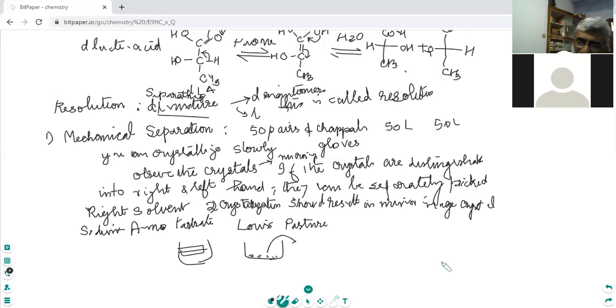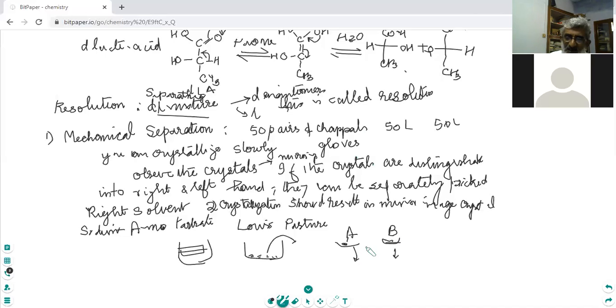And therefore, he took a forceps and started separating the mirror images, just like, as I mentioned earlier, a pair of chappals or a pair of gloves. So he separated them into A and B. In one vessel he put A, and in the other vessel he put B. He took equal amounts of these two, prepared solutions and checked optical activity.